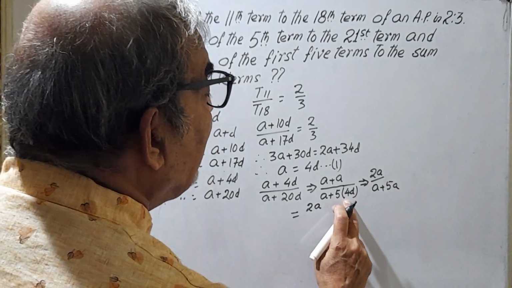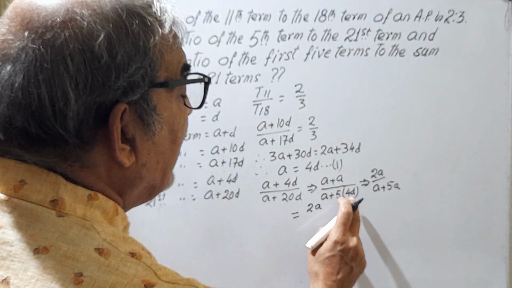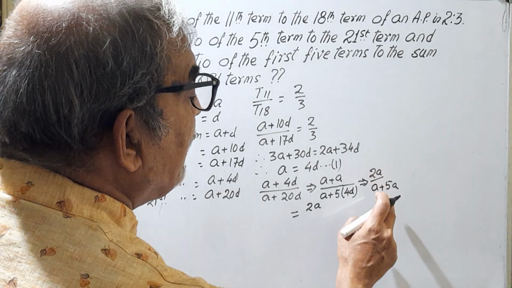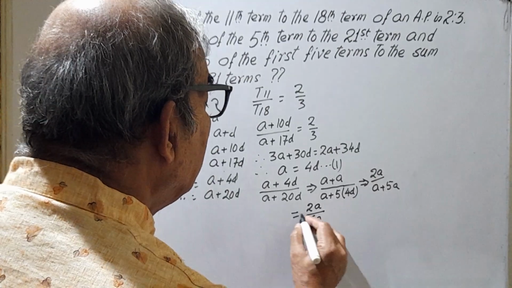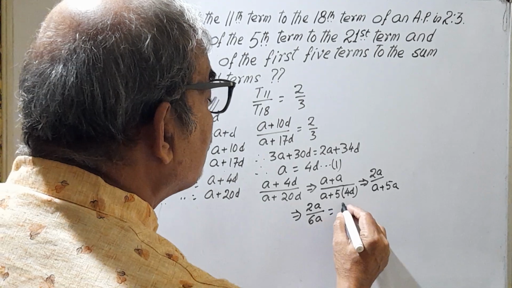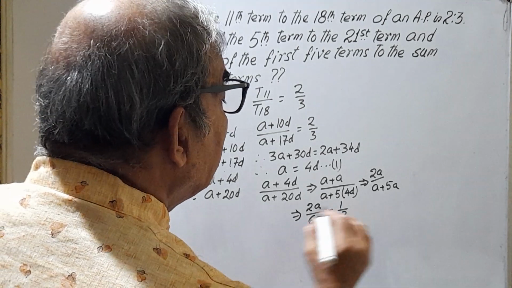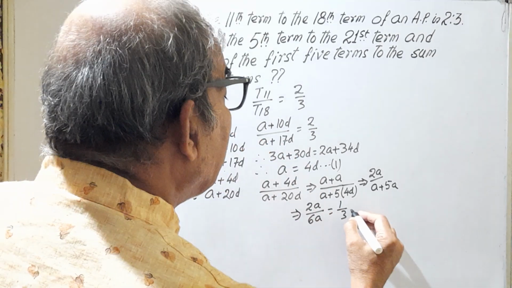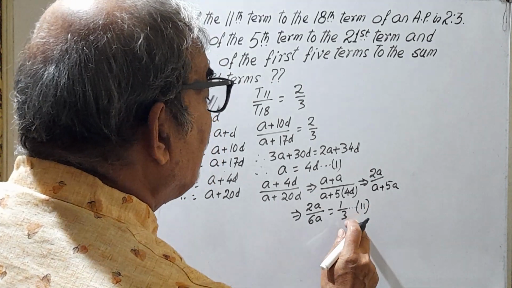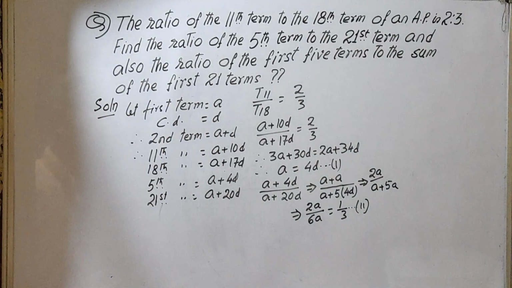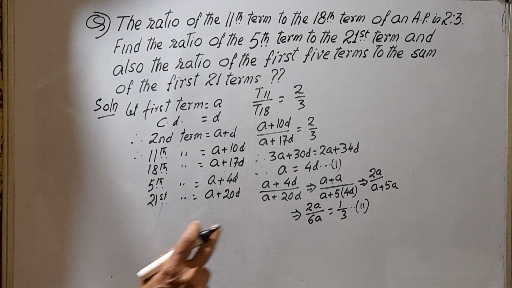See, 4D equal to A. So 2A by A plus 5A, therefore 2A by 6A, that is 1:3. Clear? This is one answer according to the question.